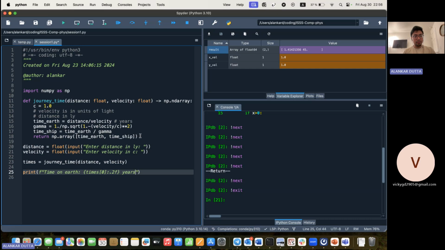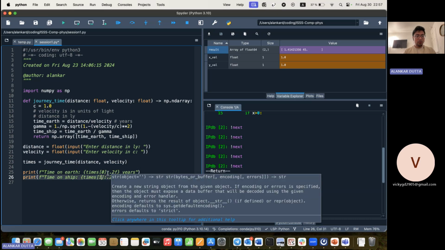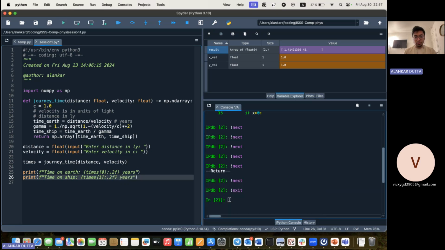So these times are in years. Similarly, I'm going to print this, which is on ship, and this is just going to be times 1. Now we are going to test this problem.